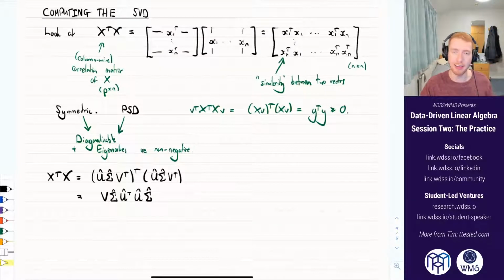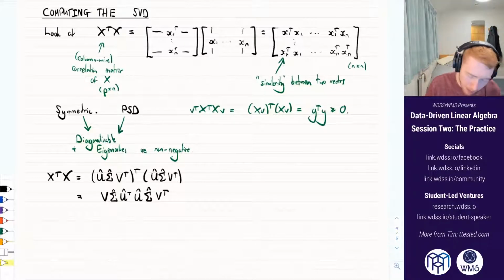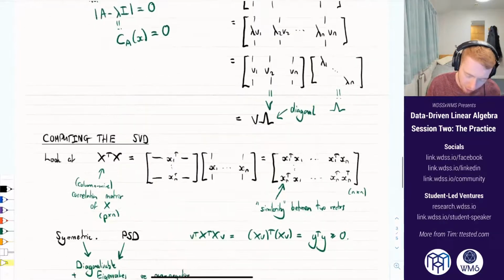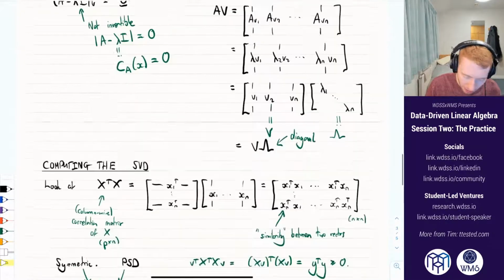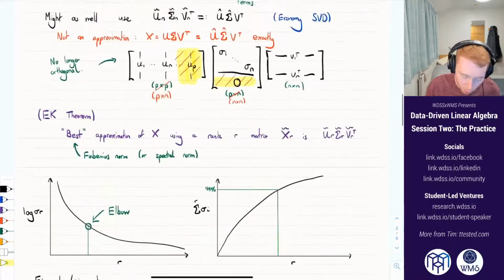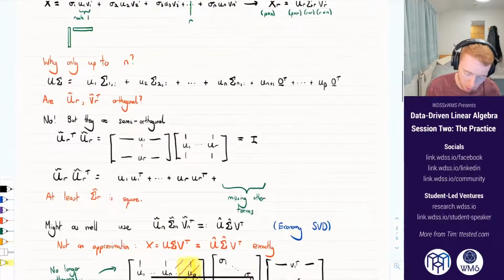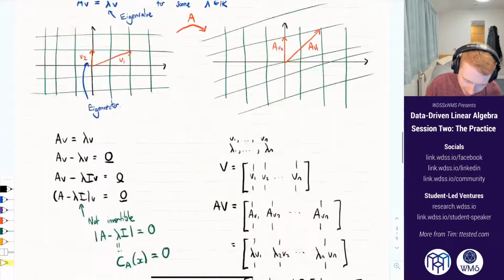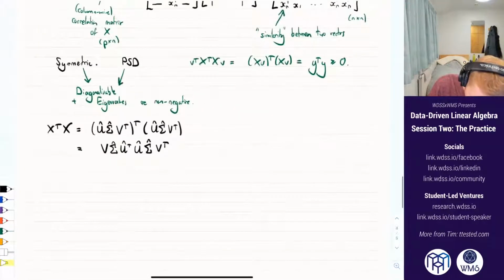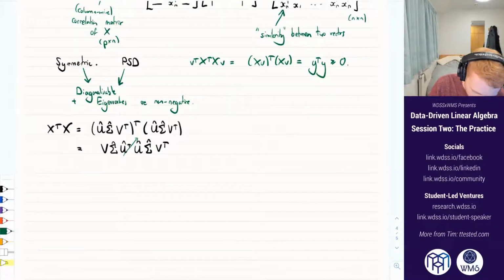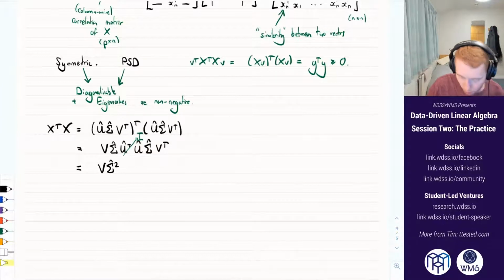Sigma hat is symmetric, so its transpose is the same thing. But even though u hat is not orthogonal anymore, it is semi-orthogonal in this direction, with the transpose coming first, so u hat transpose u hat is the identity. And so we're left with v sigma hat squared v transpose.